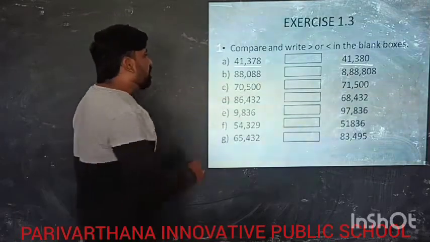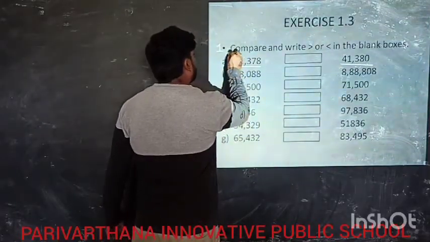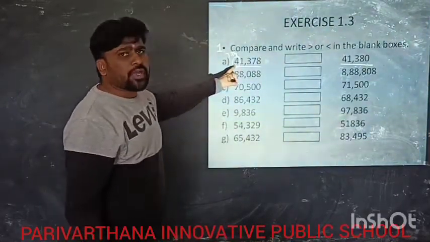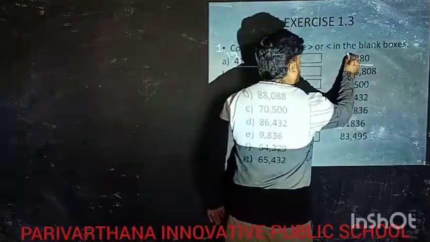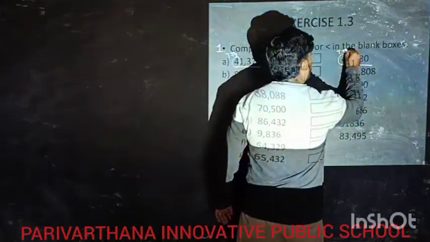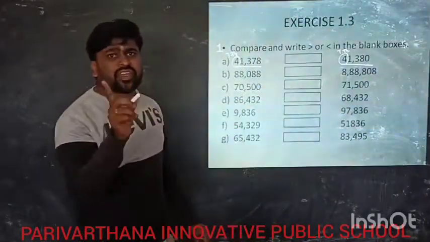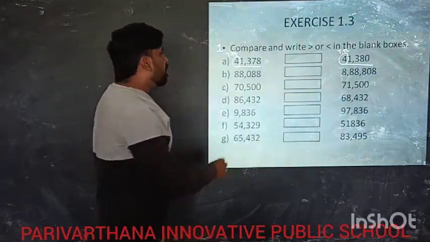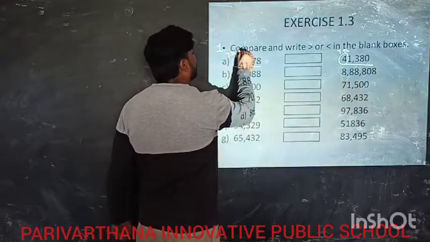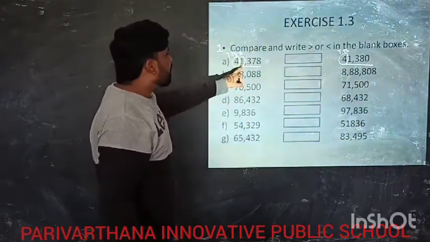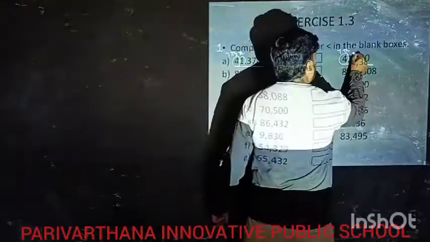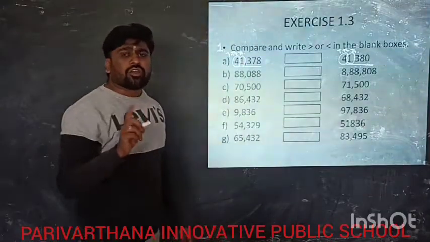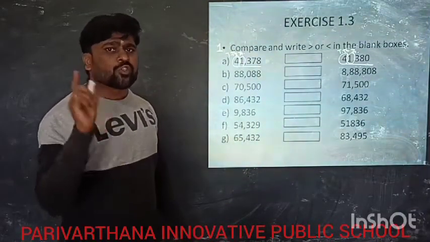Next we come to the 10,000 place. Clear? In the 10,000 place it is 4, and here also in the 10,000 place it is 4. Same. Again we cannot identify which is big and which is small. Now come to the 1000 place. In the 1000 place it is 1, and here also it is 1. Again we cannot find out which is big and which is small.